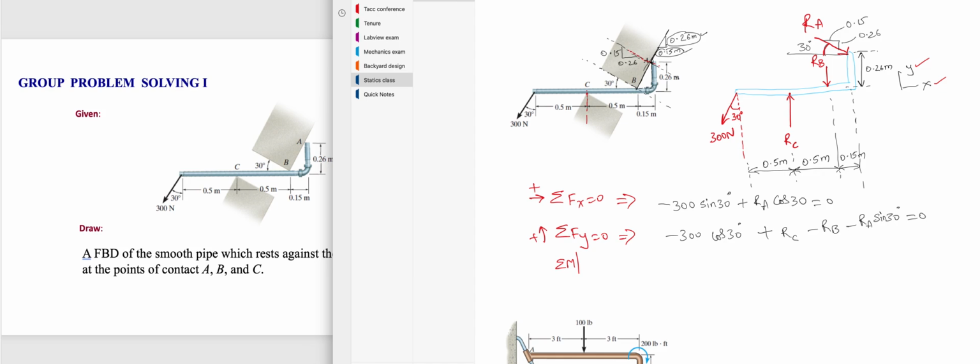We can take sum of all the moments with respect to A. There is no reason. We can take with respect to B, C, or this particular point, any point would give same result. So let's take sum of moments with respect to A is equal to 0, assuming counterclockwise is positive, implies.